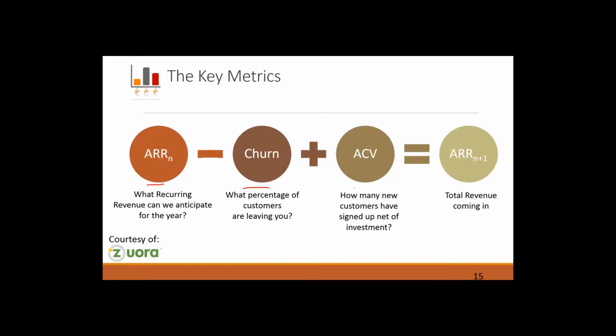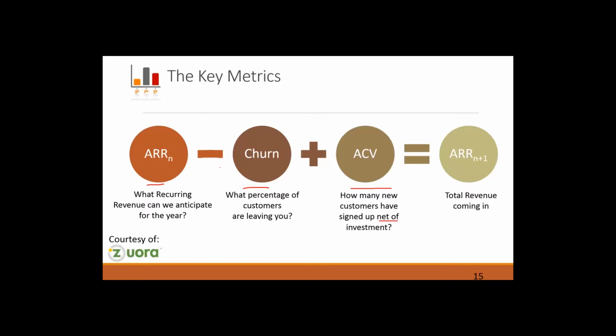But at the same time, you're never giving up. Your marketing team is always adding to the lineup of products and services you're offering. So you're going to get some new people, but it comes at a cost. This is how many new customers have signed up, net of the investment you put into getting those customers.